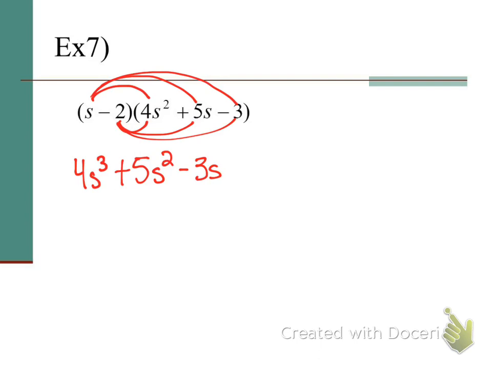What should I put it under? Natalie? The 5s squared. So I like to go ahead and line up my like terms as I go. You do not have to do that. If you want to keep writing it out to the side, that's fine. But I like to line up like terms so that it makes it easier for me to combine them. Keon?